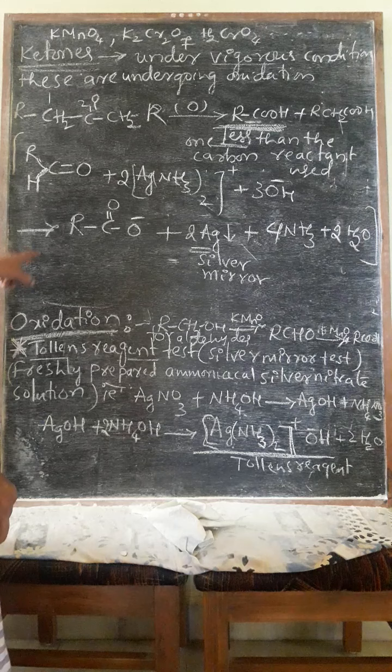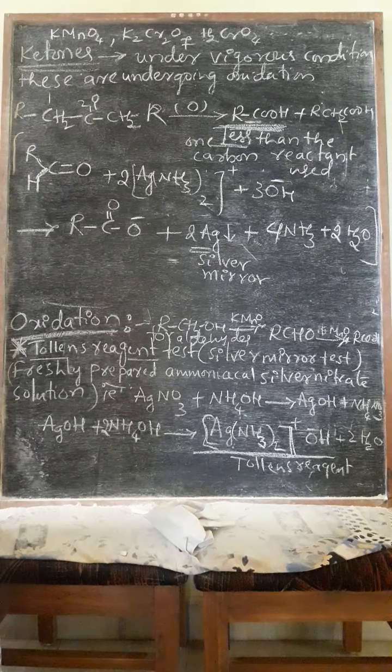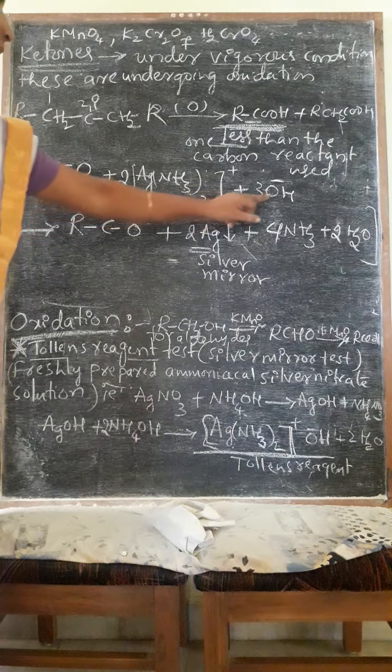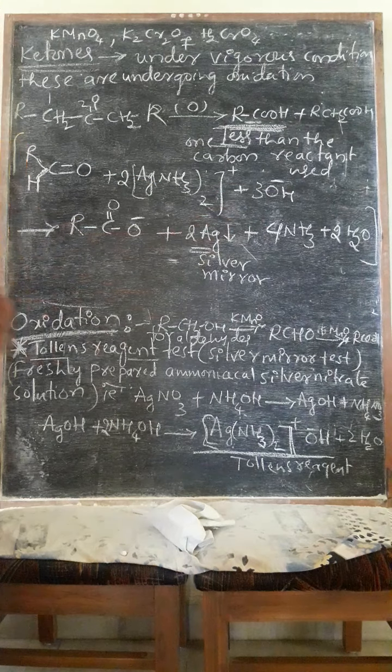Okay. How can you represent Tollens reagent test? Take an aldehyde. Tollens reagent is Ag(NH3)2 plus, and OH minus, I have taken 3 for balancing.